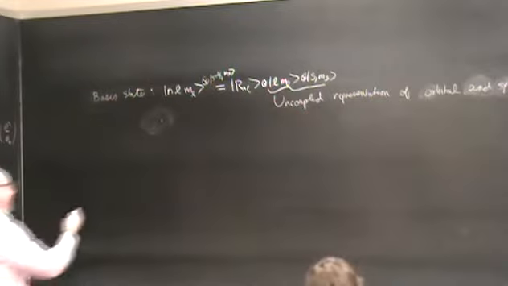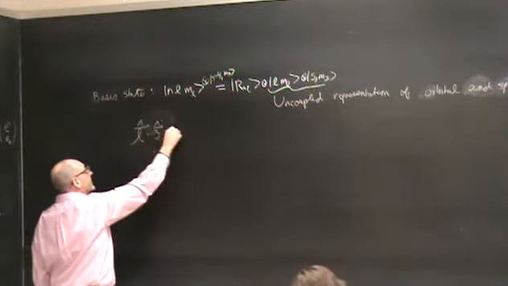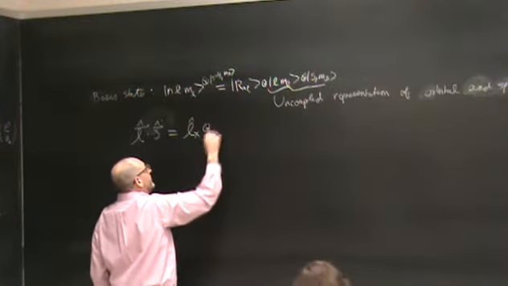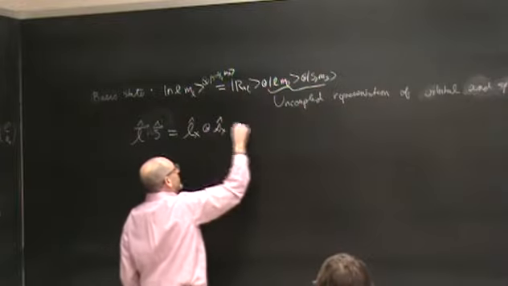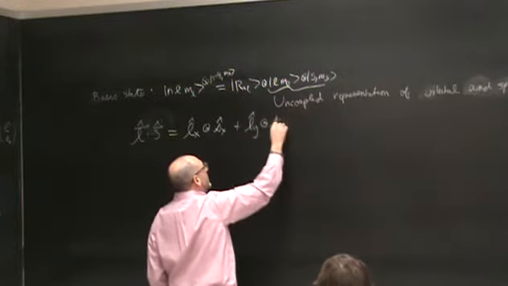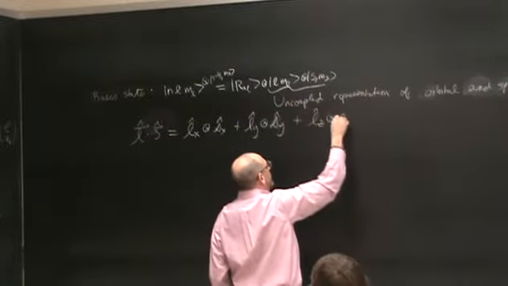And we could diagonalize the Hamiltonian by looking at L dot S, which is, of course, Lx tensor Sx plus Ly tensor Sy plus Lz tensor Sz.